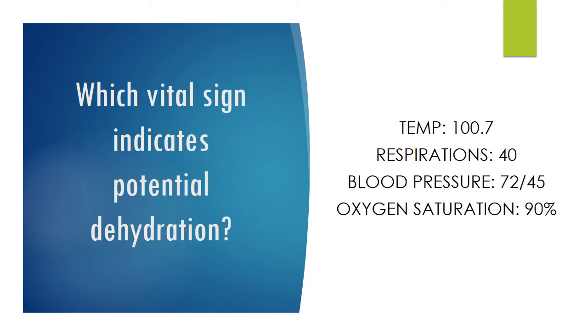Which vital sign indicates potential dehydration? Temperature of 100.7 Fahrenheit, respirations of 40, blood pressure 72/45, oxygen saturation 90%. Correct answer is blood pressure, 72/45.